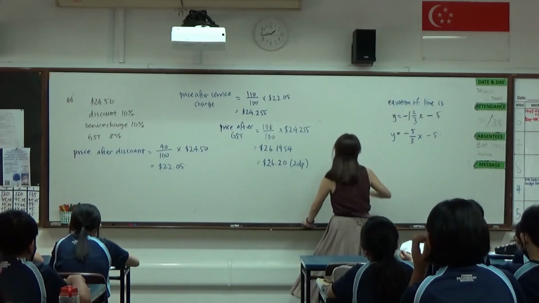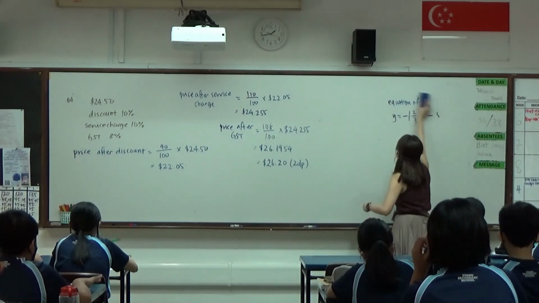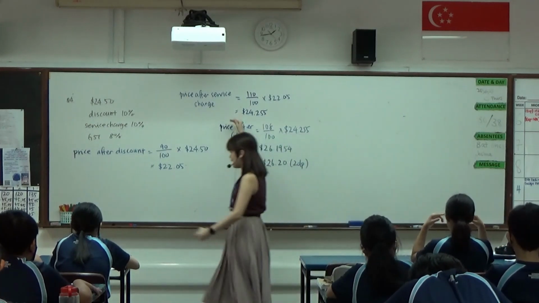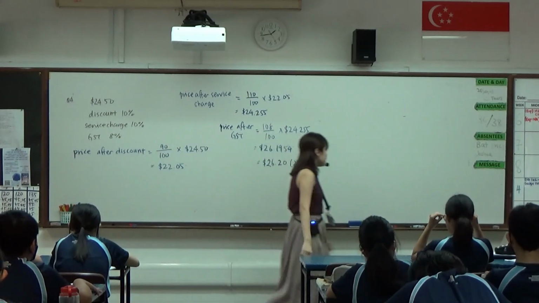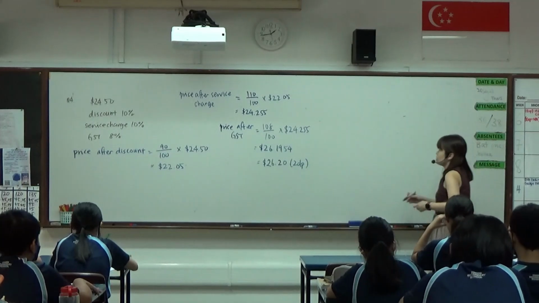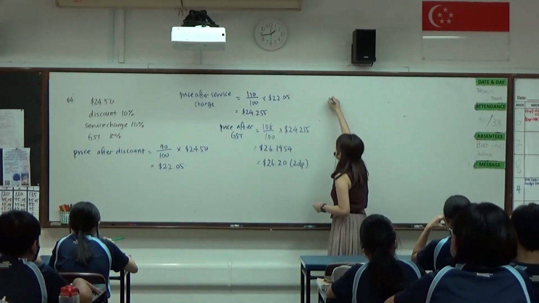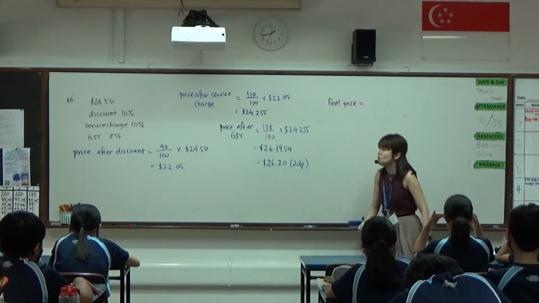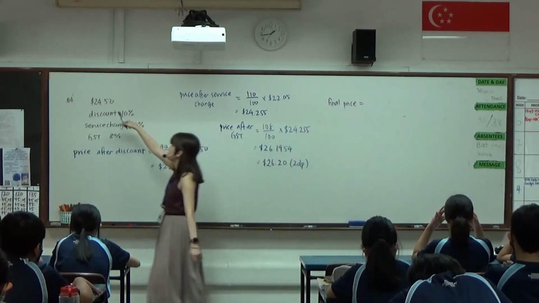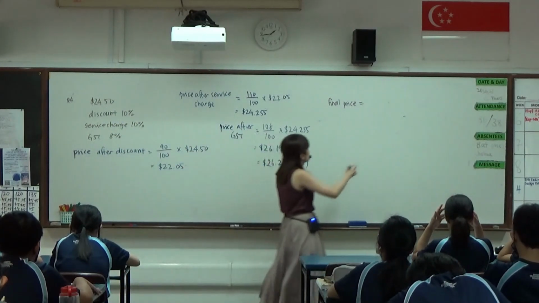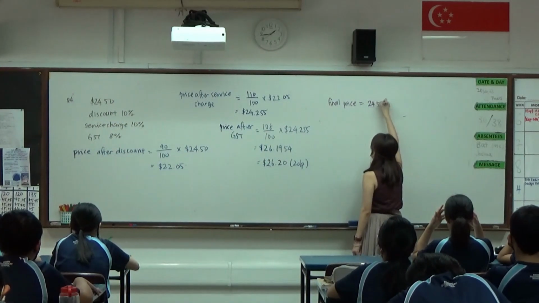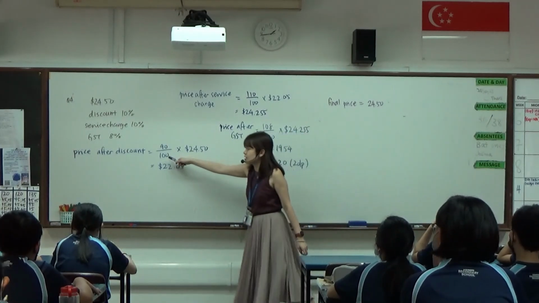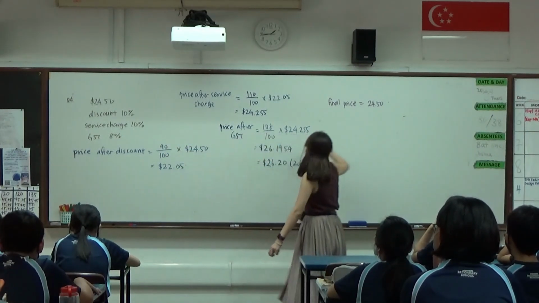This is the lengthy way of presenting your answer, where you break things down part by part. But there's actually a shorter way of doing this. The final price to pay will start from $24.50. I first gave a 10% discount, so I only need to count 90%.